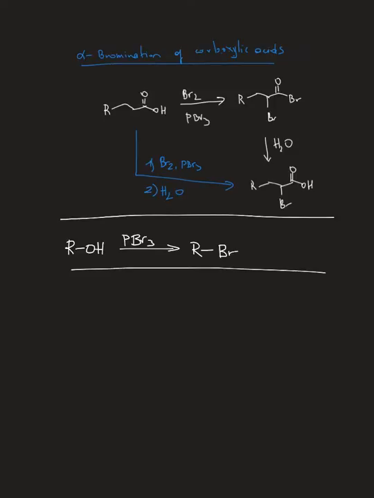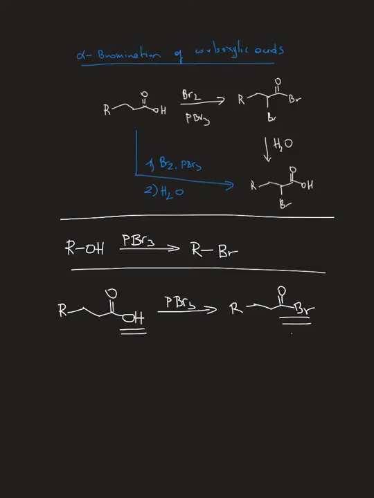So you take your carboxylic acid, and there's that OH group. If you treat this with PBr3, it will first form an acyl bromide, right? So that's the acyl bromide.